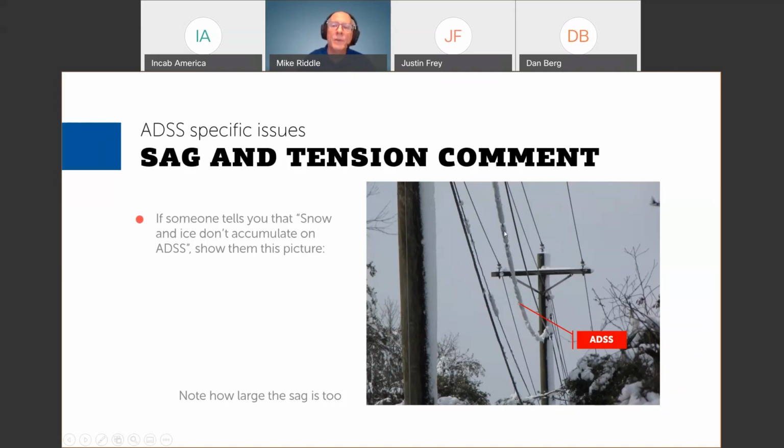One of these chunks breaks off and goes sliding down the cable and crashes into the dead end. And that's actually caused damage to hardware. So ice and snow definitely do accumulate on ADSS in at least some conditions, and therefore you do have to check for it. If somebody tells you that it doesn't, show them this picture and then call security. That's what I would do.